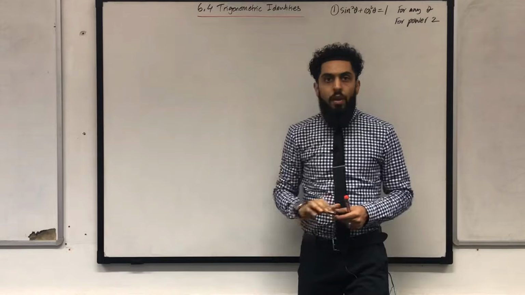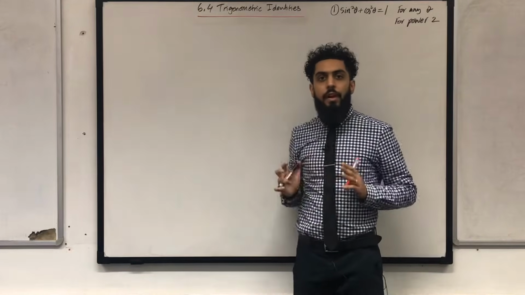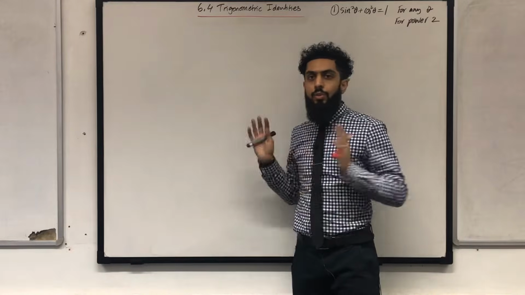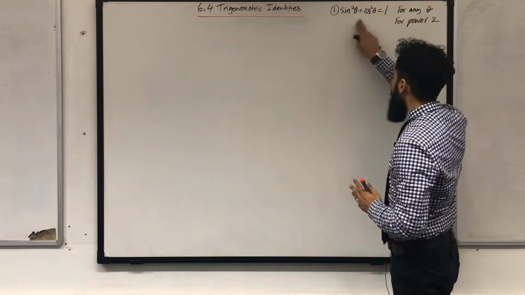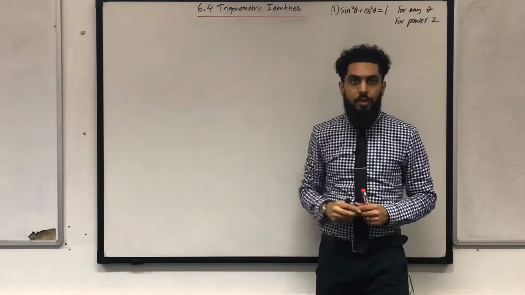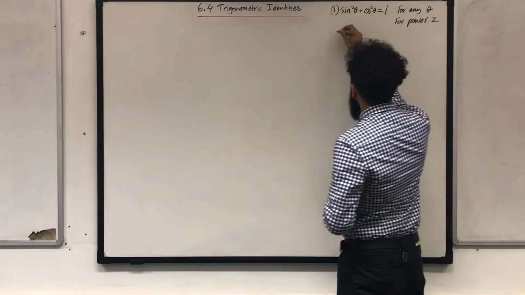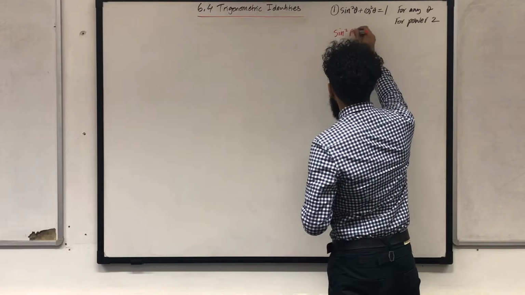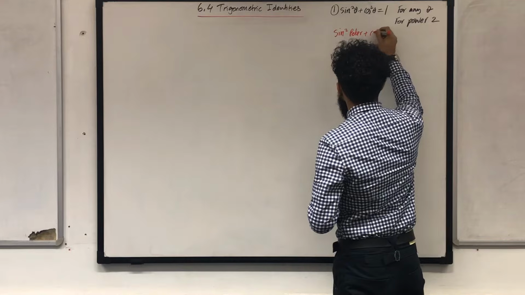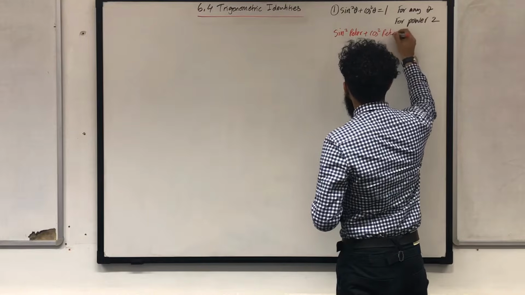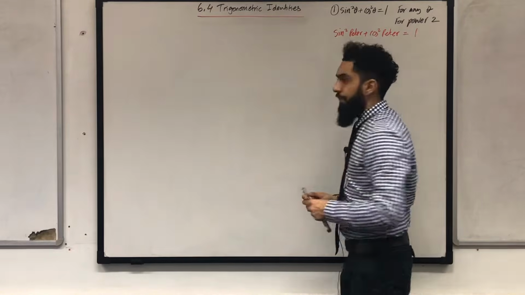So we can't have that sine cubed theta plus cos cubed theta is equal to 1, because this identity is only true for power 2. It's true for any theta. So, for example, I could have sine squared theta plus cos squared theta equal to 1.